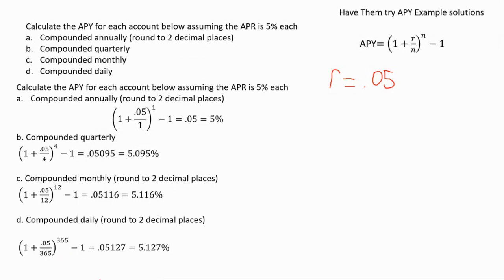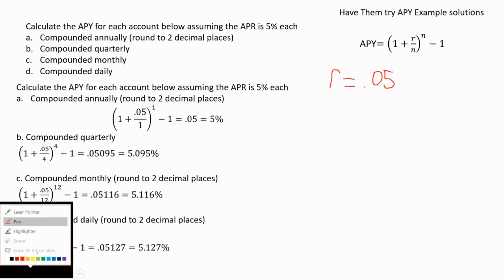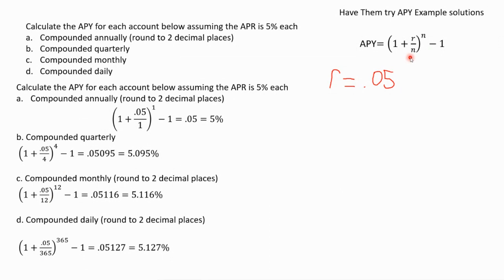Well, okay, so in this case, N is 4, so our N here is 4. The R is just 0.05, so we get this, as you can see. And when you calculate it, you get 0.05095.